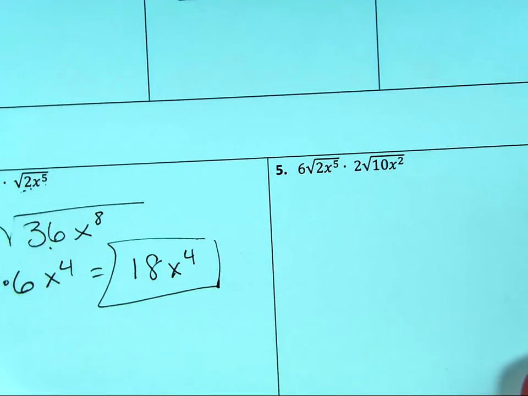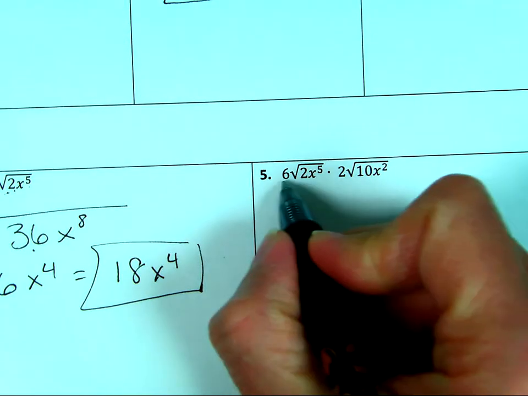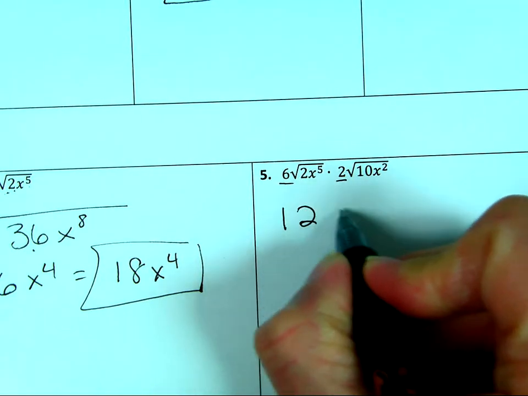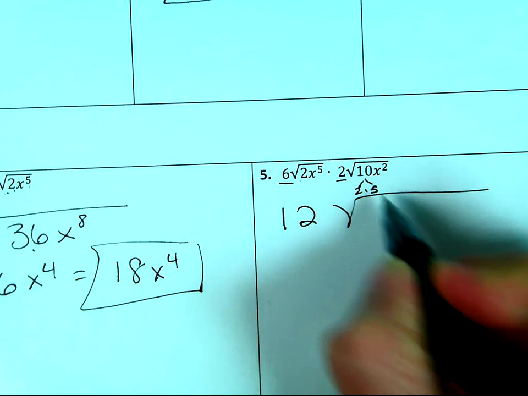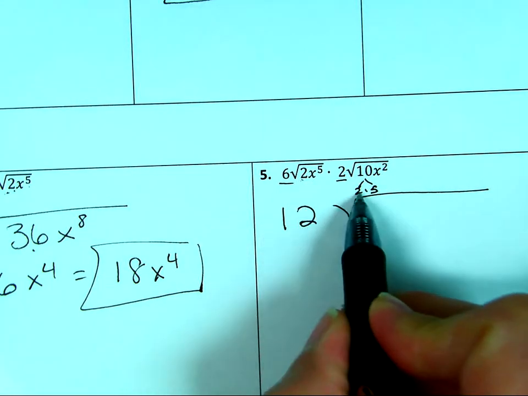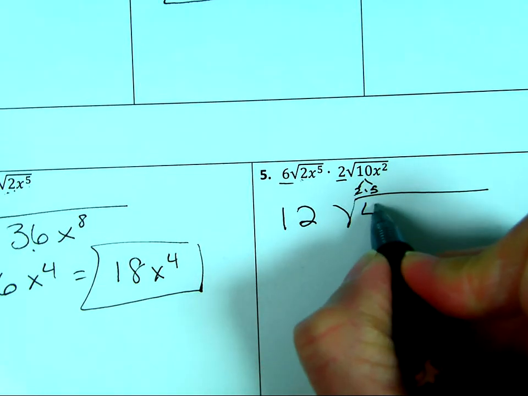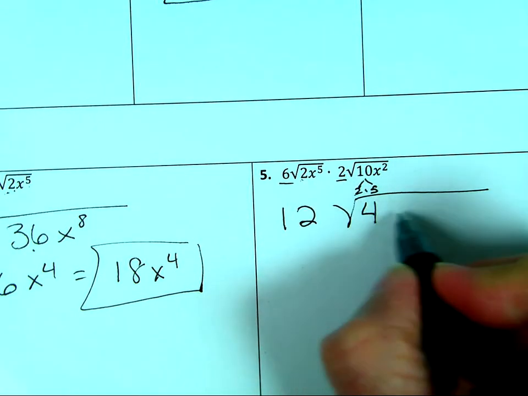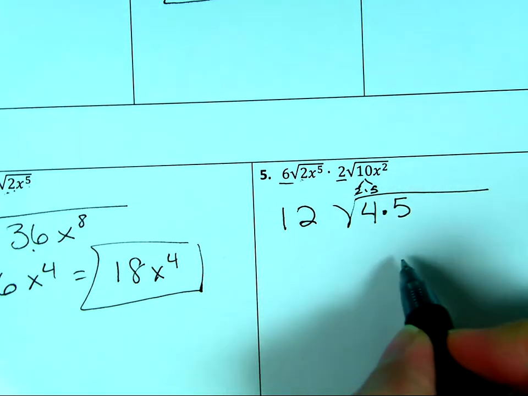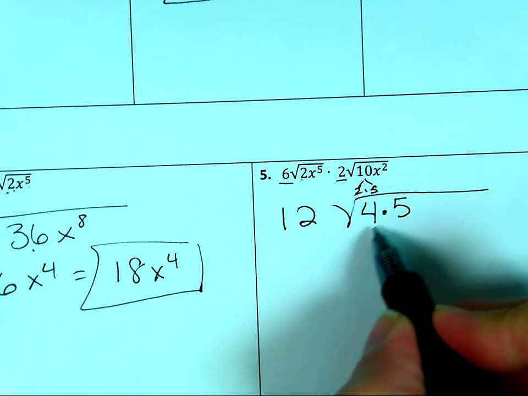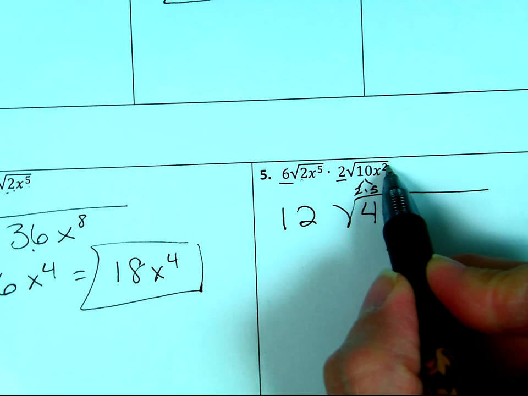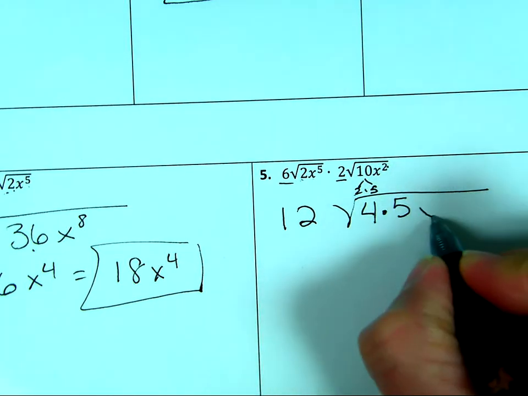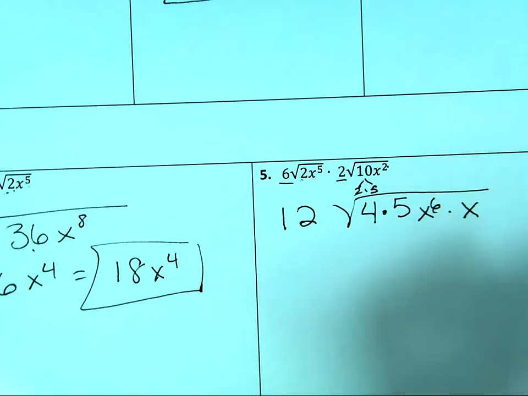All right, here we go. So outside times outside, 12. Inside times inside. So I see a 2 and a 2 times 5 in my 10. What I notice is that there's 2 2's. So I change my 20 to 4 times 5. It's still 20, but now I see the perfect square there. And I'm going to take my x to the 5th times x squared. I know it's x to the 7th, but I'm going to change it to x to the 6th times x.